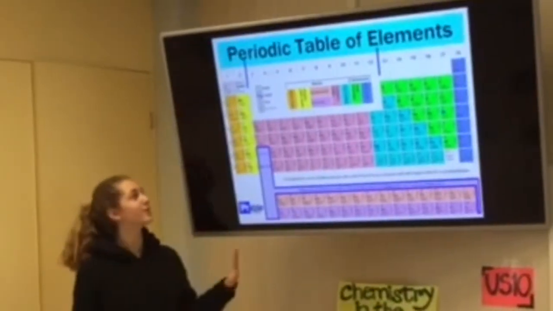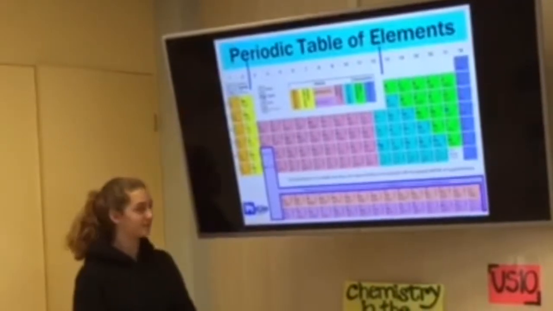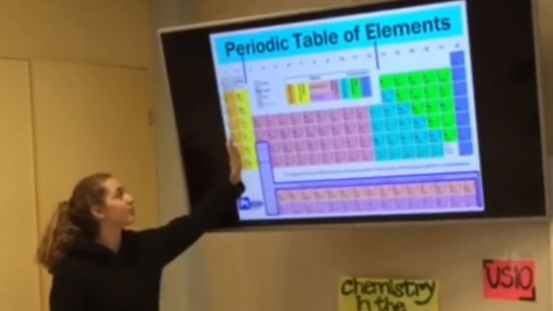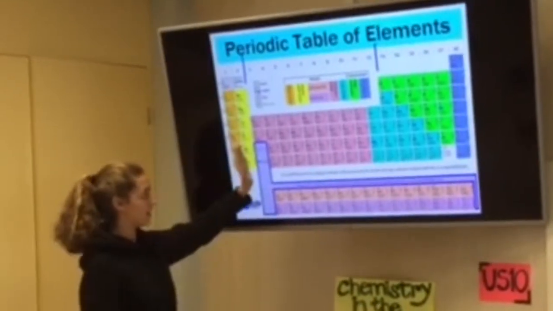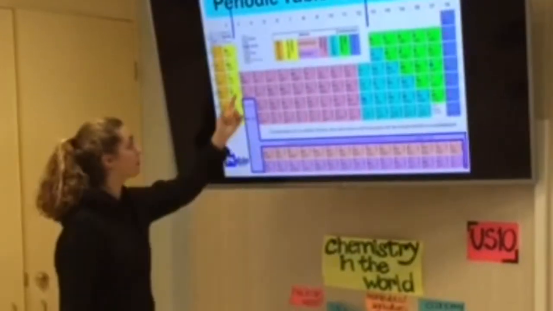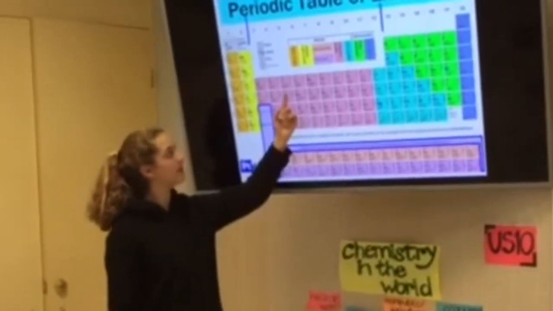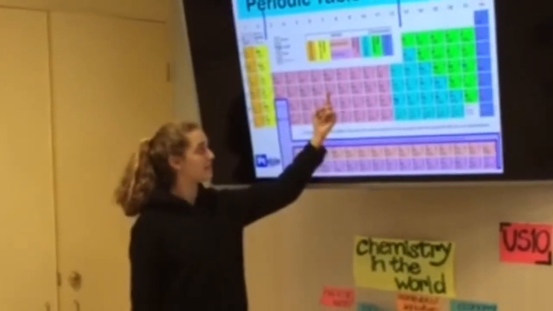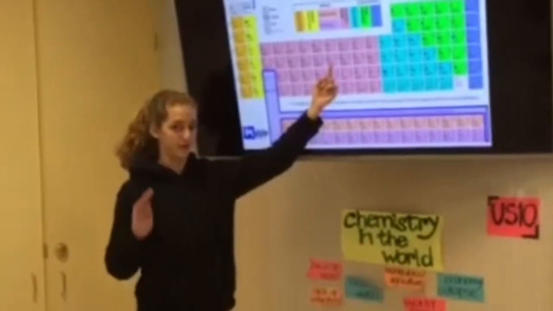The periodic table is divided into groups: Group A and Group B. In the first column, you start with 1A, then 2A. All this is group B. So first we start with 3B, 4B, 5B, 6B, 7B, 8B. You can only get to 8B, okay?